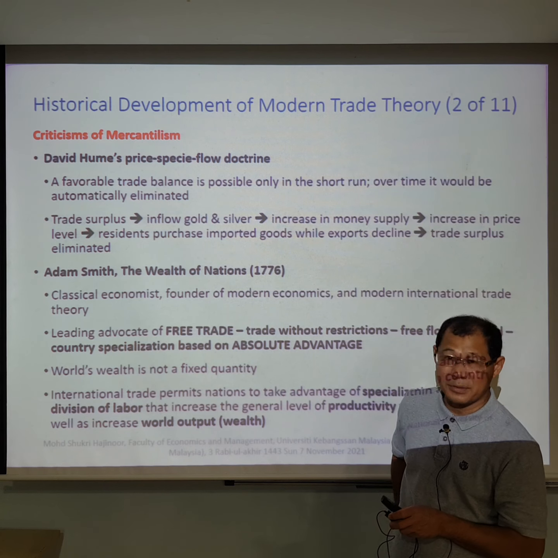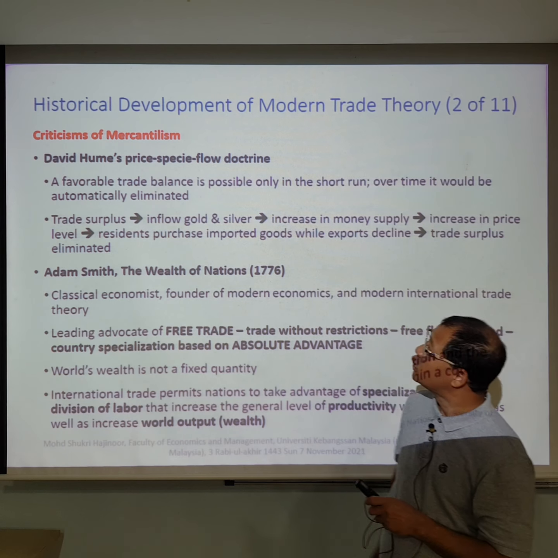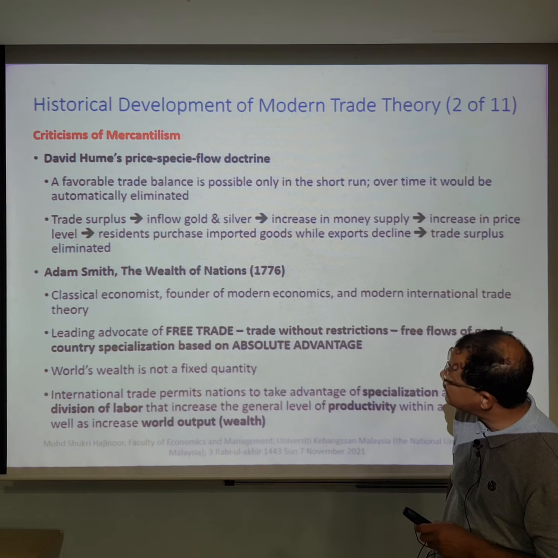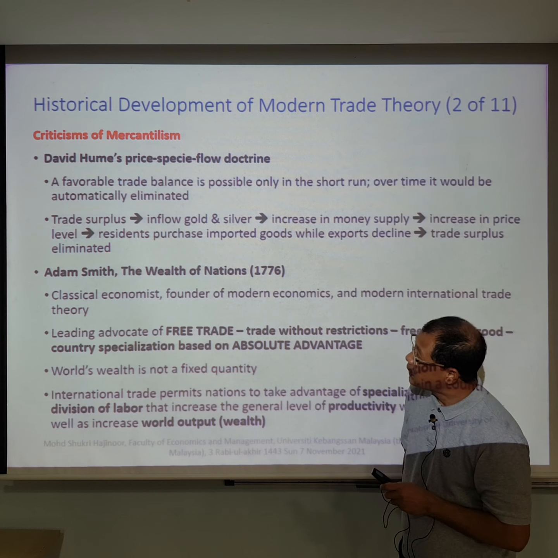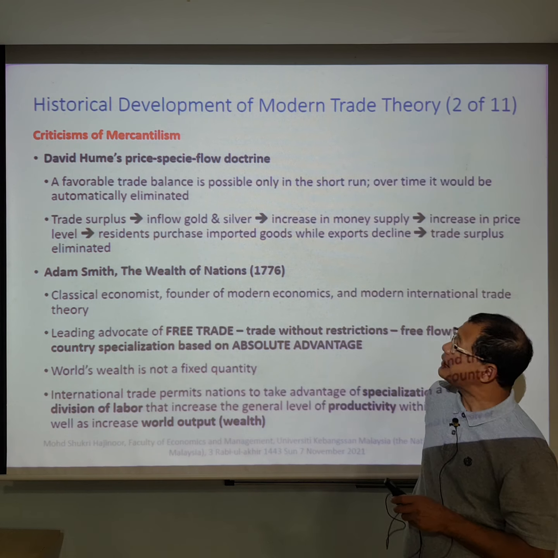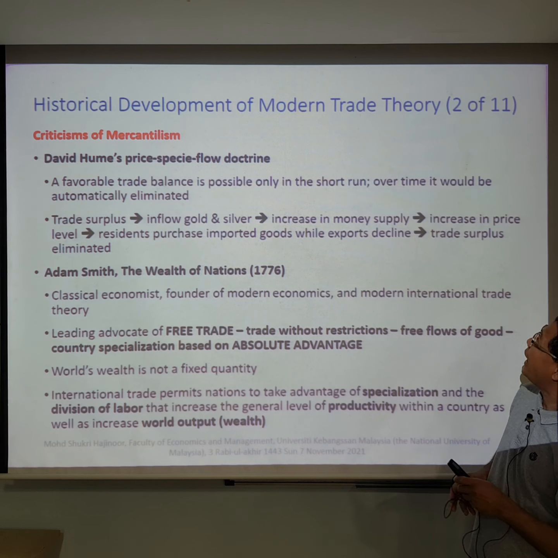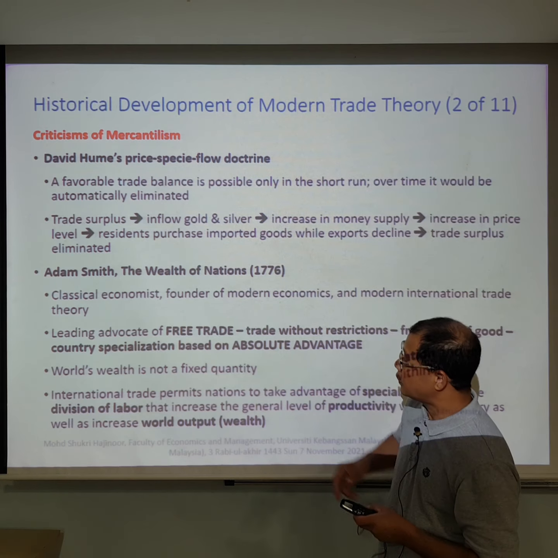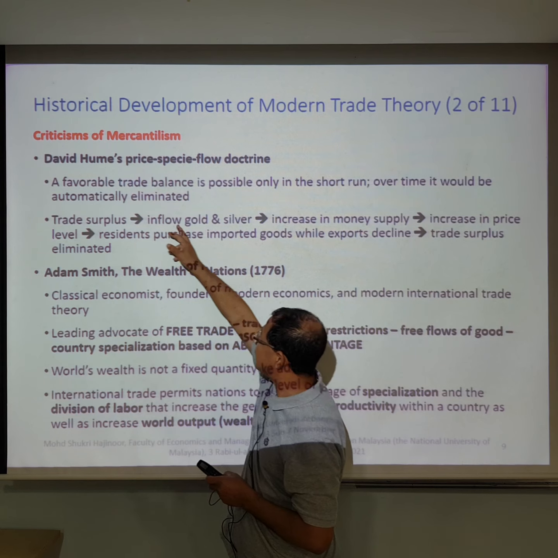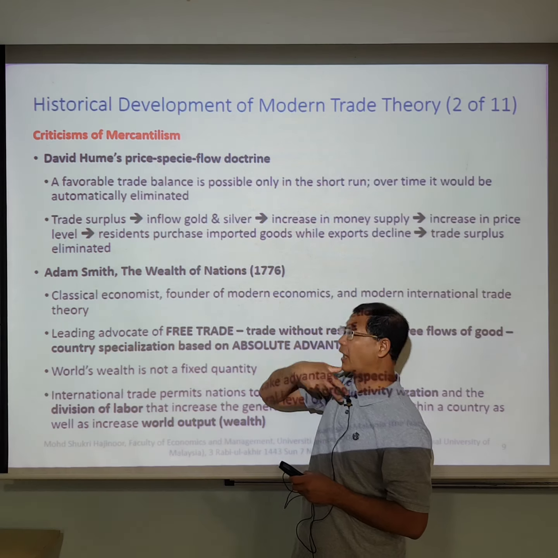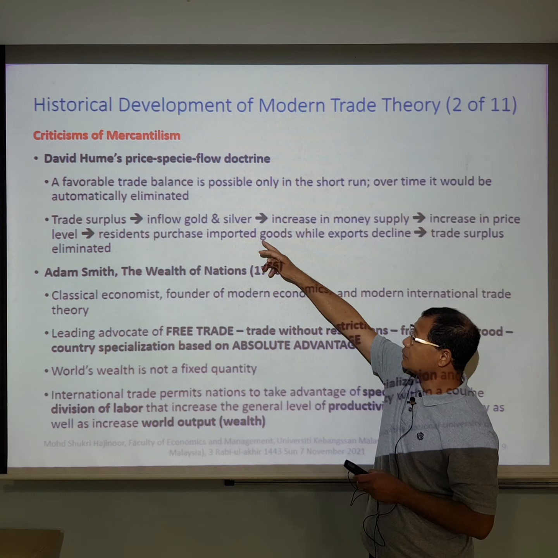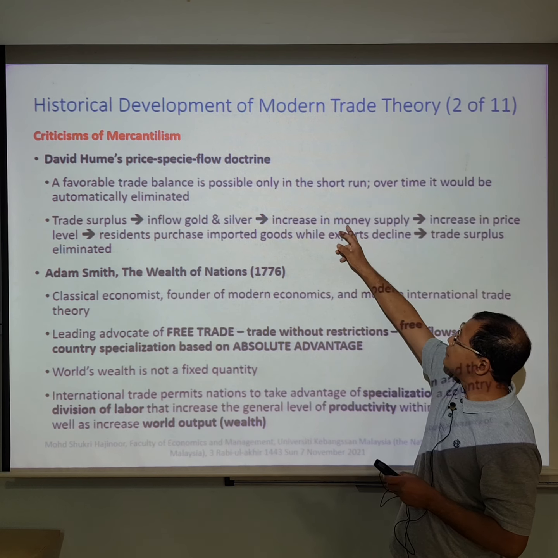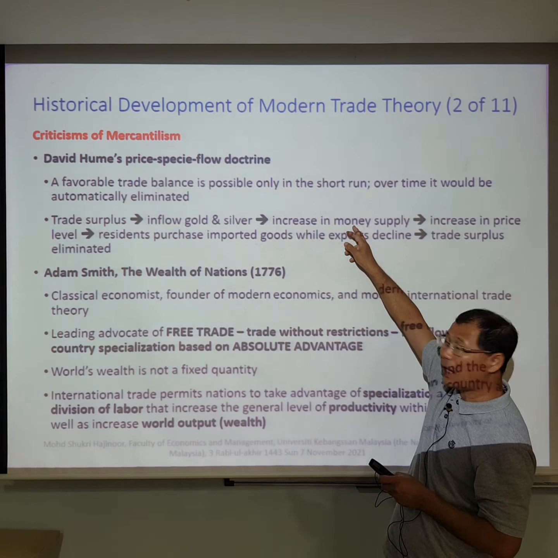So, criticism of mercantilism: David Hume's price-specie flow doctrine. A favorable trade balance is possible only in the short run. Over time, that trade surplus will be eliminated. When there's a trade surplus, there's an inflow of gold and silver coming to that country. Inflow of gold and silver means an increase in money supply.